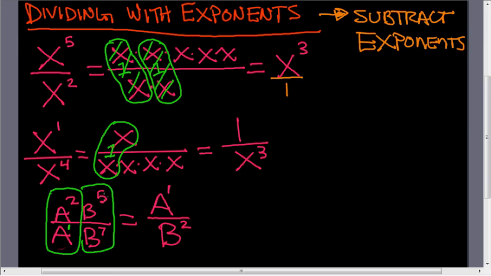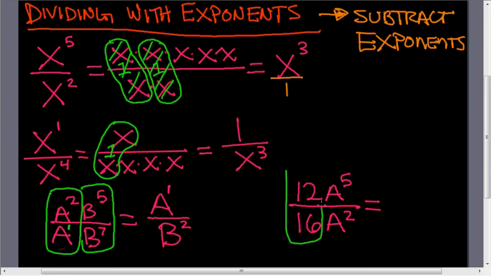Now, subtracting exponents only works for things with exponents. If you have a normal number, like this, I've got whole numbers and then numbers with exponents. These numbers here, do these have exponents?